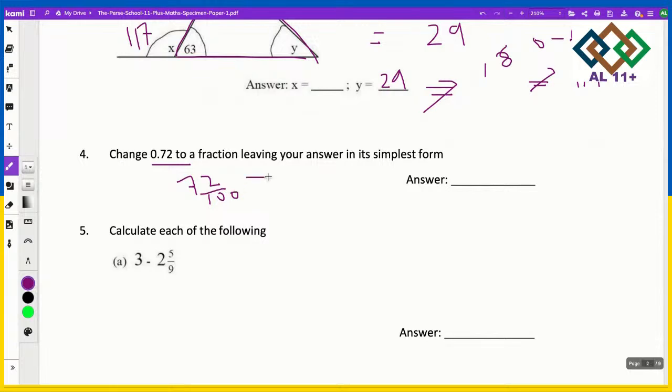Try simplifying that further, and in the end you would get 18 by 25. That's your answer.